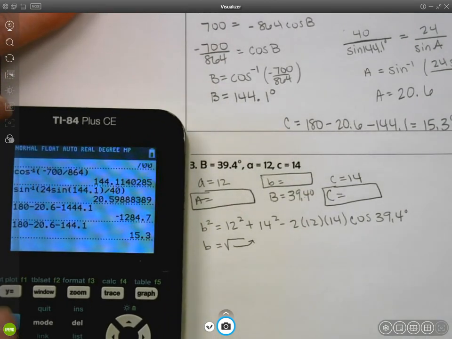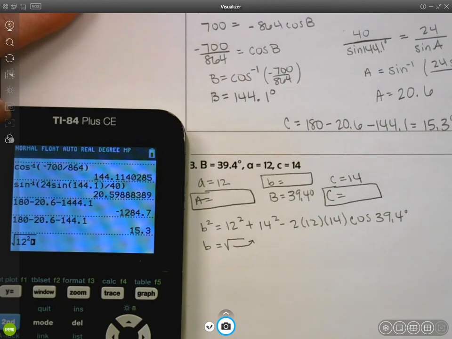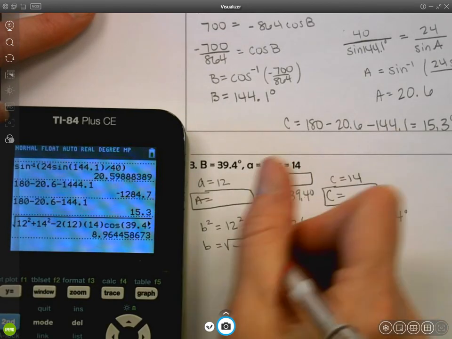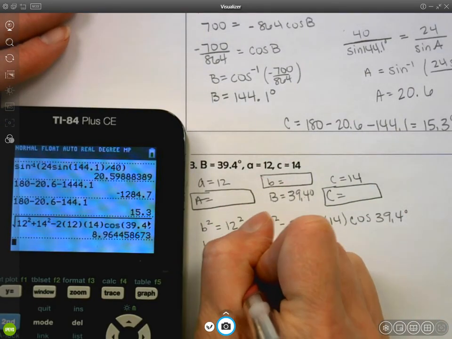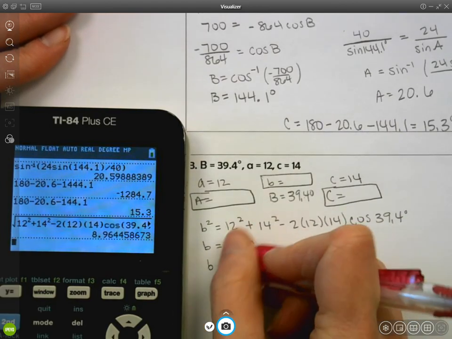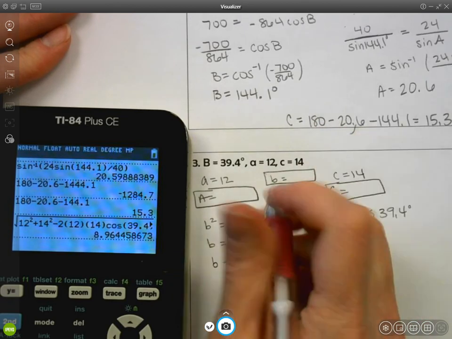All right, so we're going to square root 12 squared plus 14 squared minus 2 times 12 times 14 cosine 39.4. And we get that side B is 8.96. So if we're rounding to the tenths, that'd be 9.0.